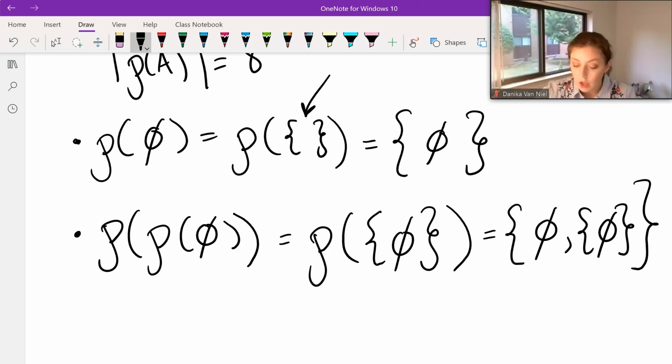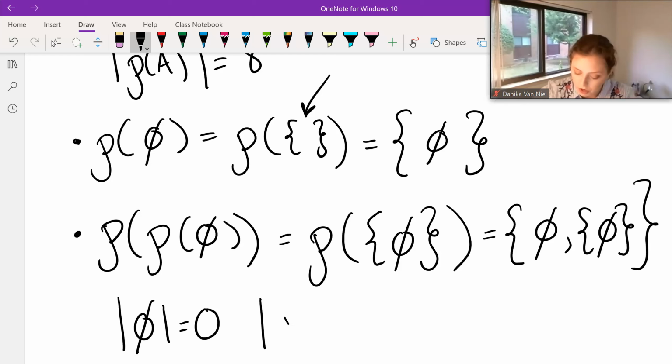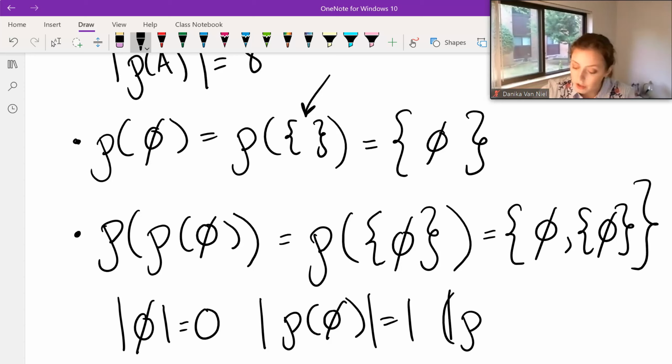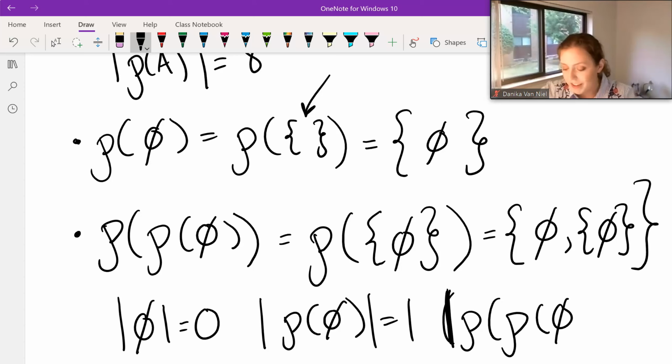So notice the cardinality of the empty set equals 0. Cardinality of the power set of the empty set equals 1. Cardinality of the power set of the power set of the empty set is 2. I keep calling it row and not the power set. I'm sorry, everyone. That's an interesting problem.